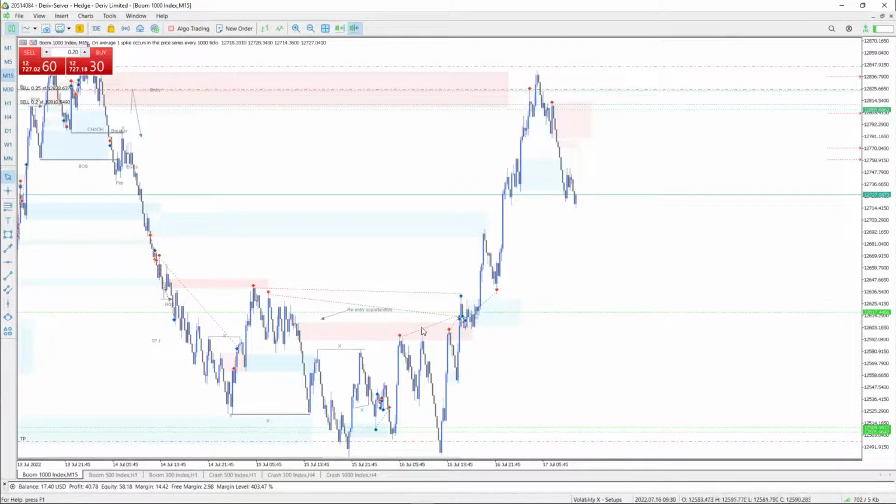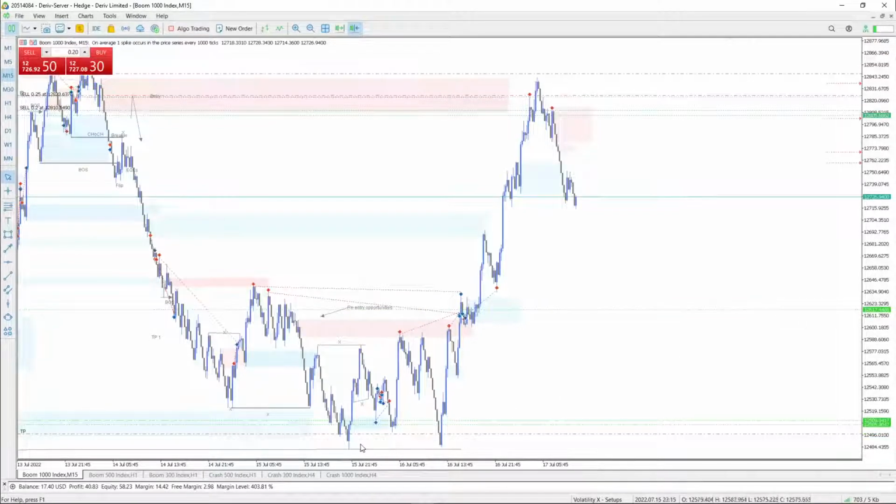So what are we looking at right now? We're looking at price created an equal low here again, which is also an inducement of liquidity, and then we're asking ourselves, okay, where is price going to retrace back into?